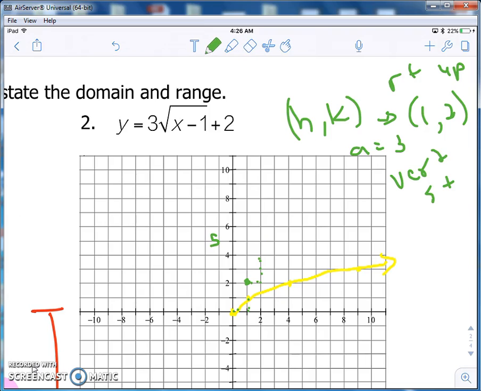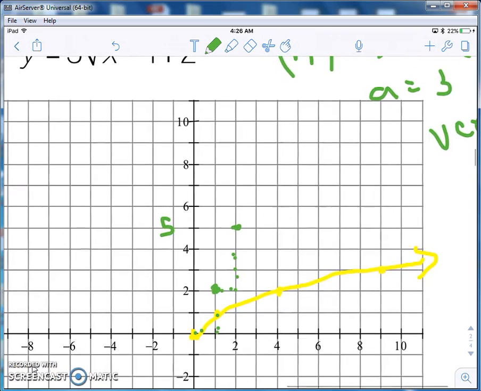Let's redraw that. From the starting point, I would normally go 4, 2. So 4 from there is 1, 2, 3, 4. So I'm at 5.